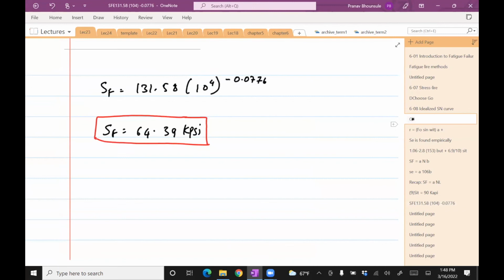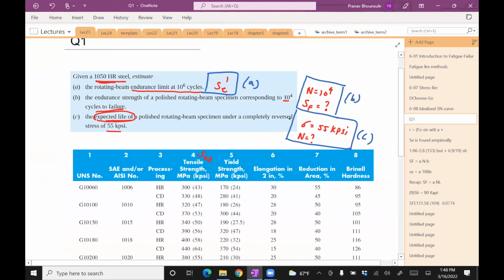Okay, the last question. Here we're given the stress and we're asked to compute the number of cycles to failure, which is more like the design question we're after, right? The machine element or the test specimen is applied a stress, and we are told to compute at what cycles it will fail. So I use the same equation.